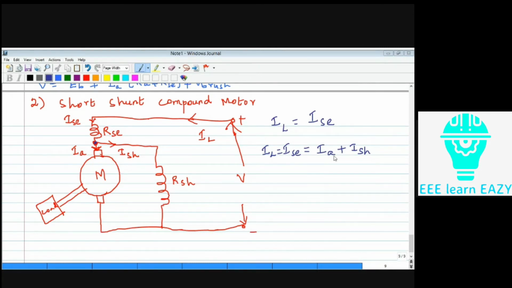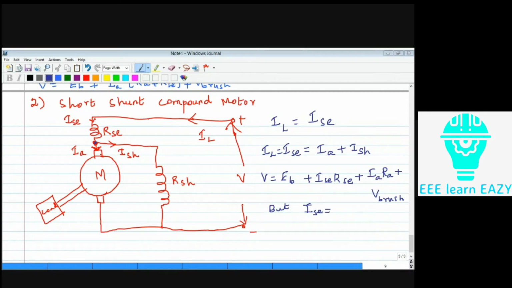Now the drop across the shunt field winding is to be calculated from the voltage equation. So what is the voltage equation we have? V is equal to EB plus I series R series plus IARA plus V brush, the brush contact drop. But I series is equal to IL.